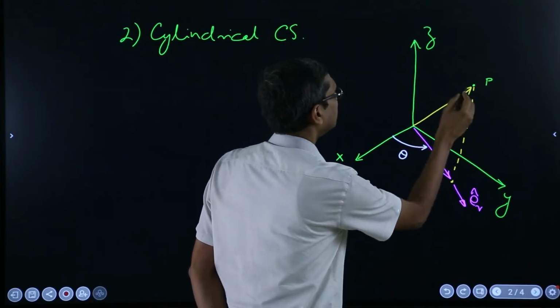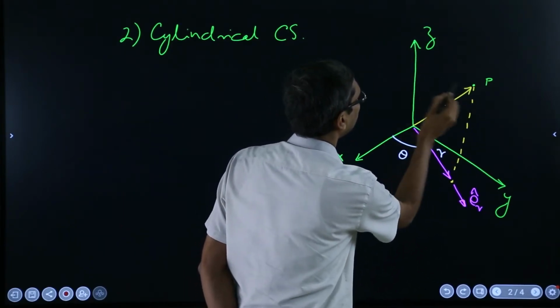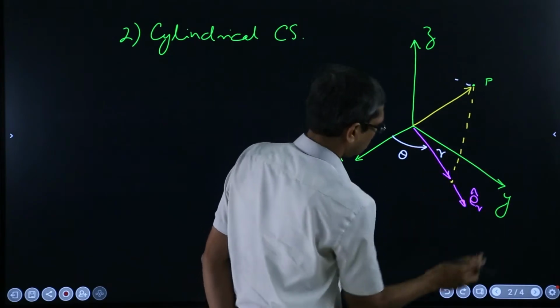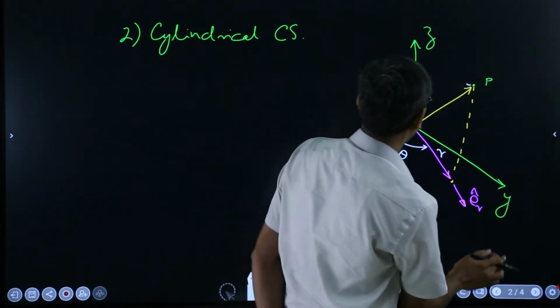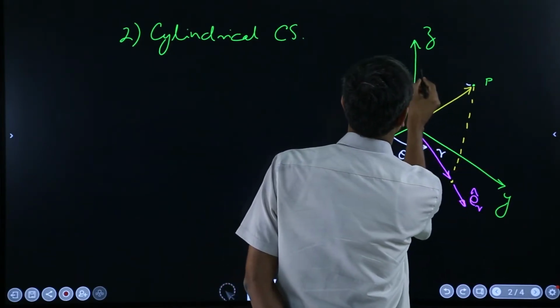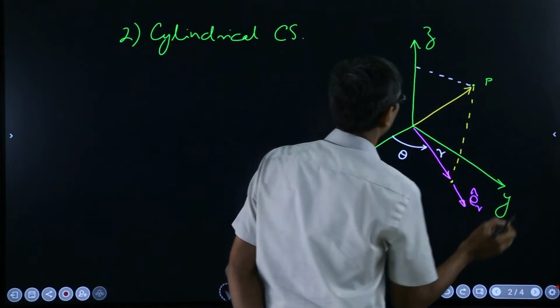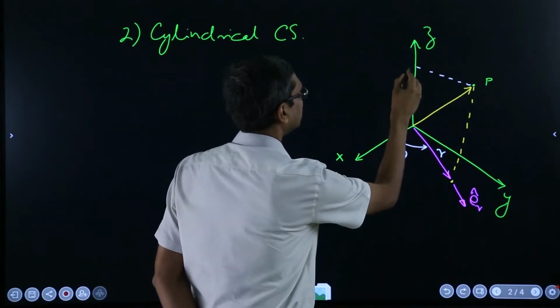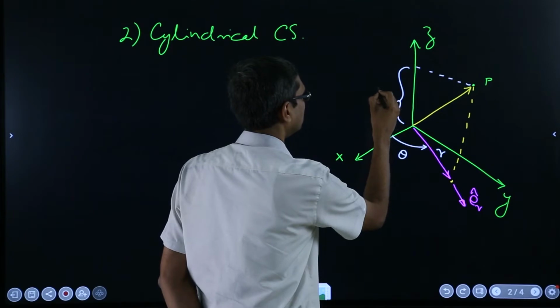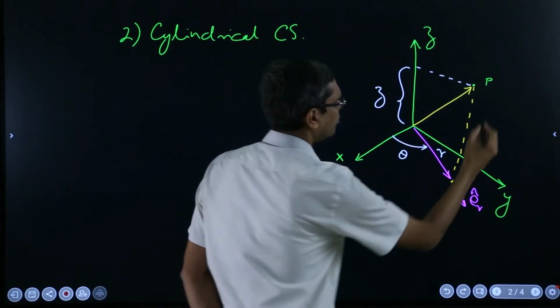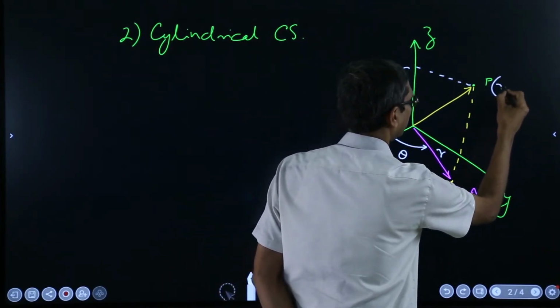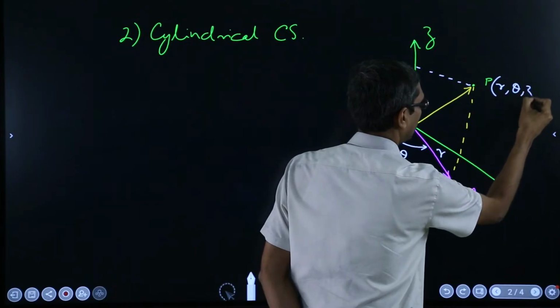And then if you just take the projection in this direction, so how do I take it? Like that. This height is the z coordinate. So the point P will be denoted by r, theta and the z coordinate.